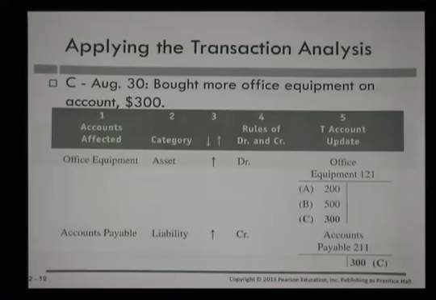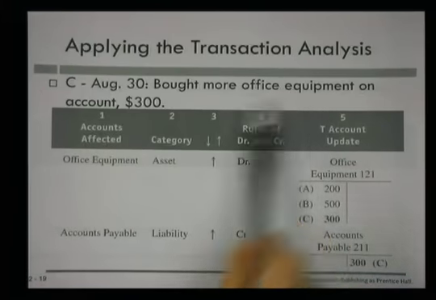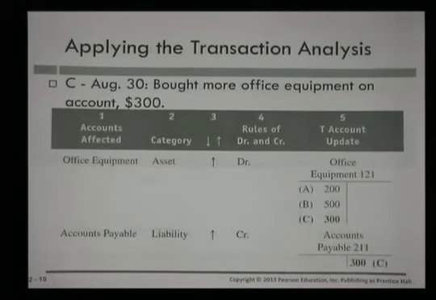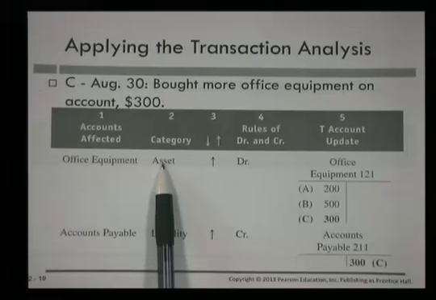Transaction C. August 30th bought more office equipment on account. Accounts affected. Well, I see office equipment, but then I see these words on account. When you see the words on account, that means you're going to pay in the future, which is accounts payable. Category, step 2. Office equipment is an asset.